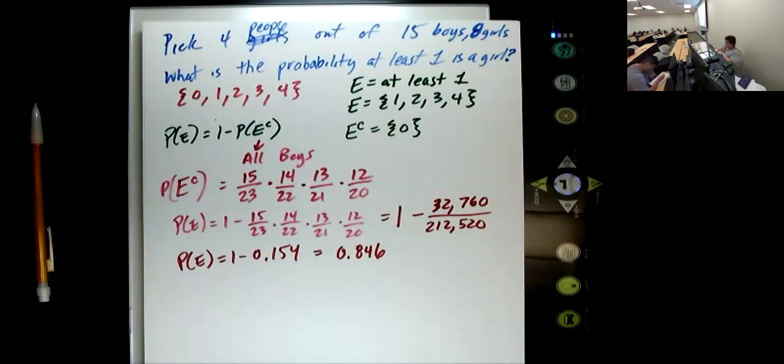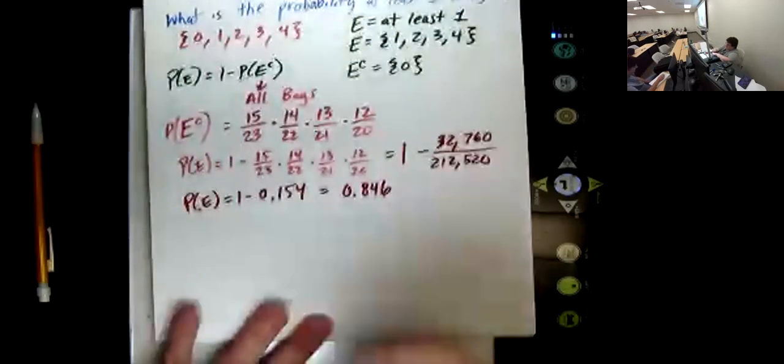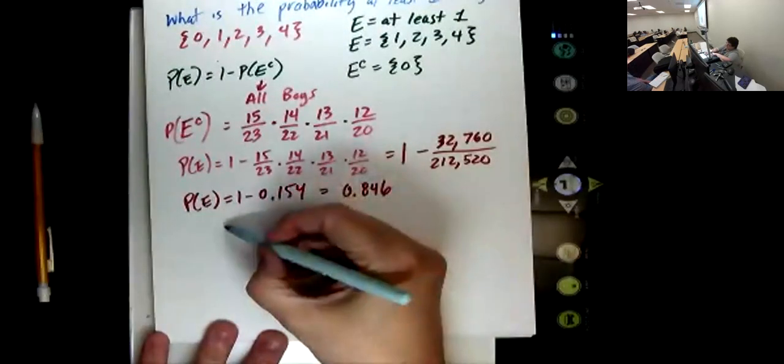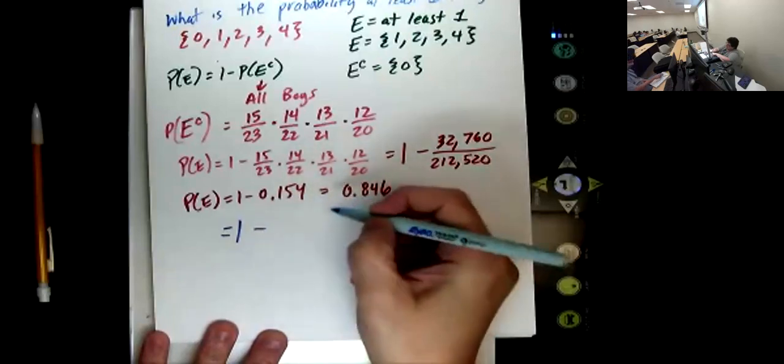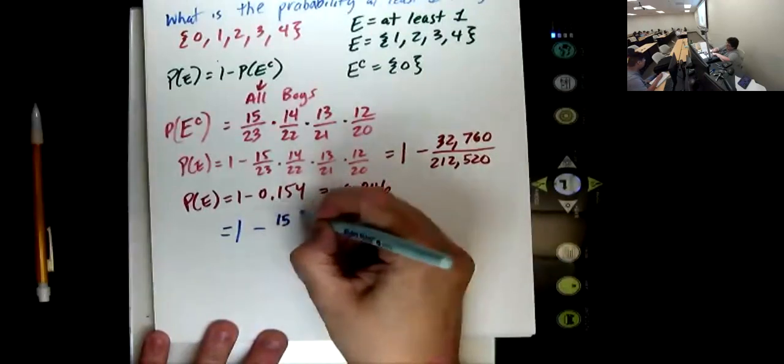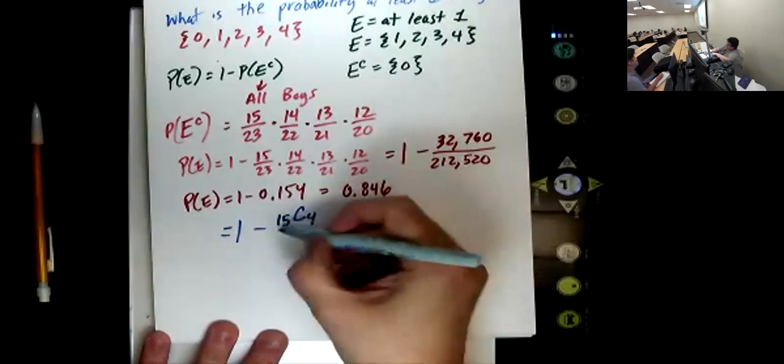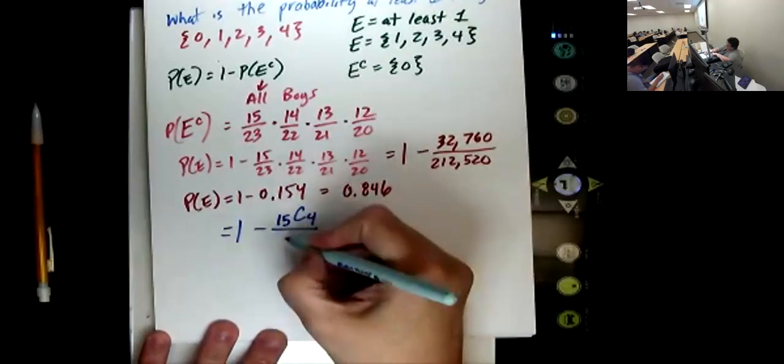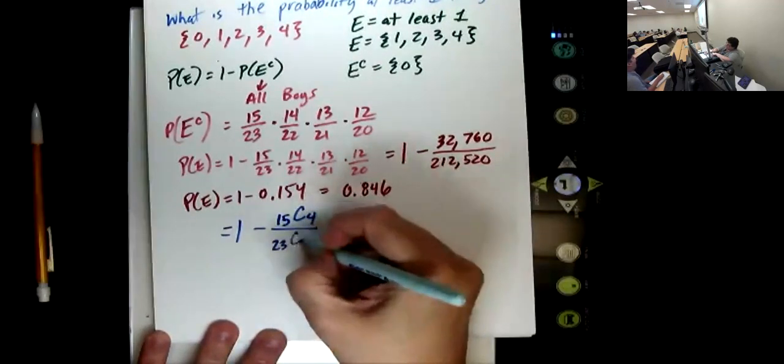There is a shorter way of doing this using n choose r. Rather than doing all that, this is 1 minus 15. There's 15 boys. We're choosing 4 of them. And the total number of combinations is 23 people. We're choosing 4 of them.